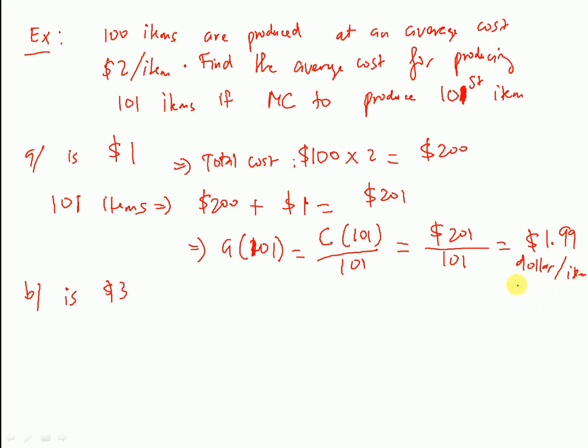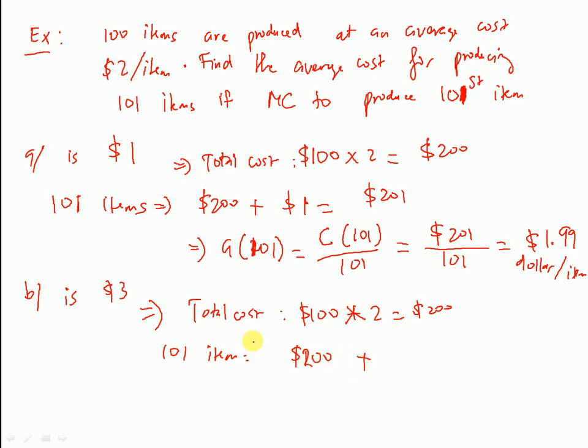Okay, now we do the same thing here. Again, the total cost for 100 items would be 100 multiplied by 2, which is 200. But now we have one more extra item. We take what 100 items cost, which is 200, plus $3 for the extra one item after the 100 items.